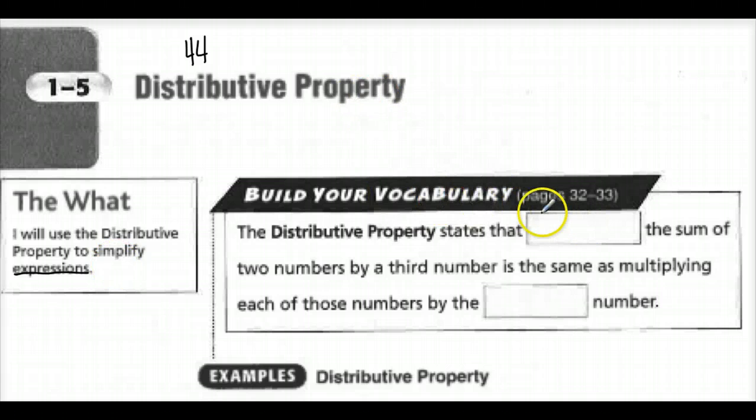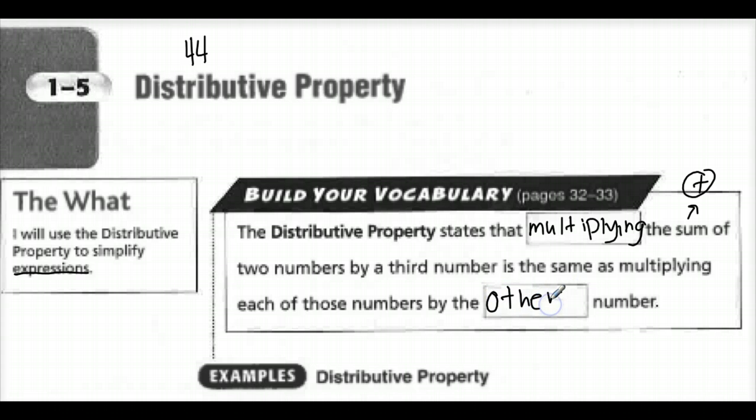So let's fill in our blanks over here, build our vocabulary. The distributive property states that multiplying the sum, and remember the sum implies addition, the sum of two numbers by a third number is the same as multiplying each of those numbers by the other number.